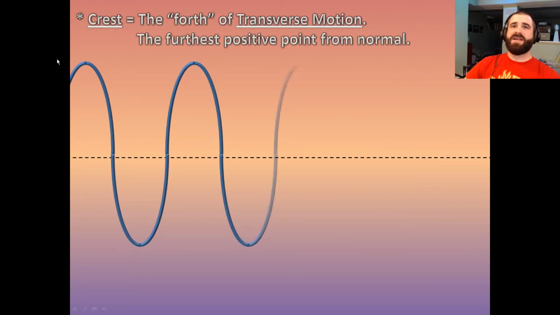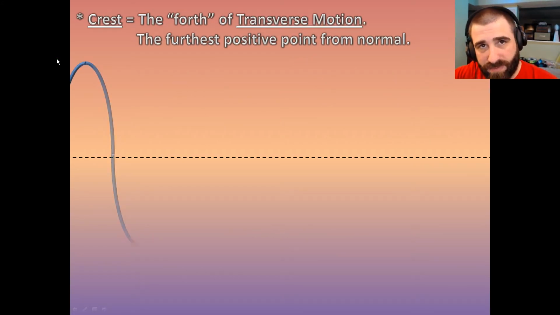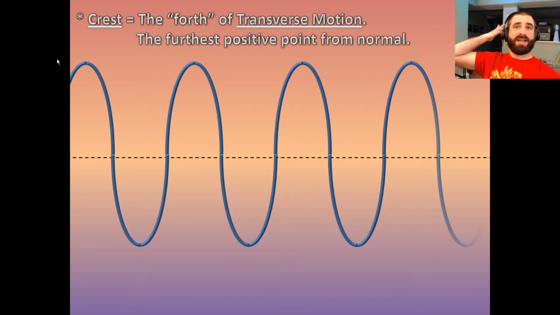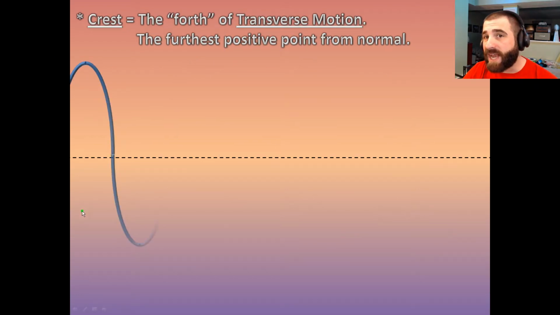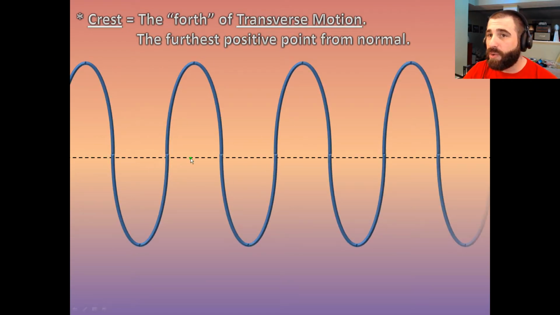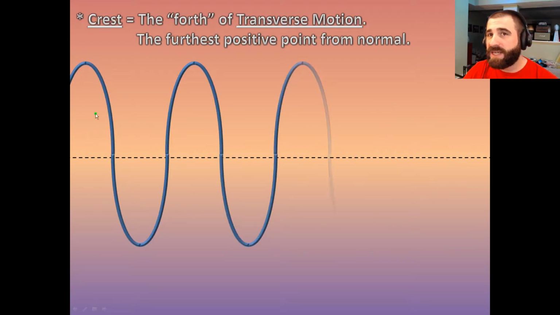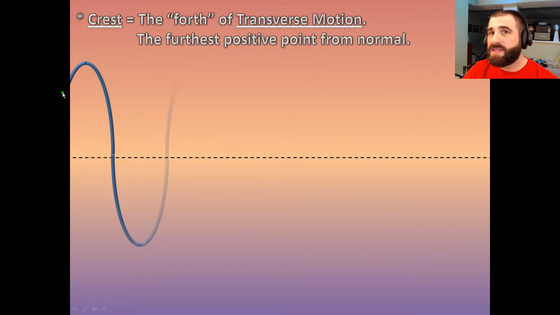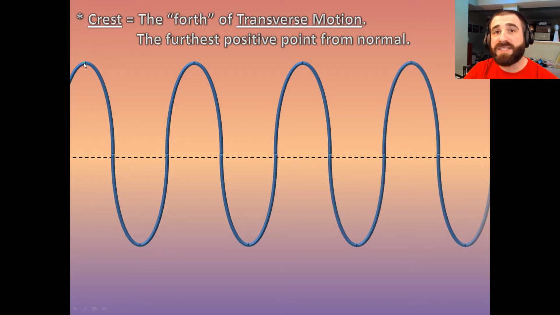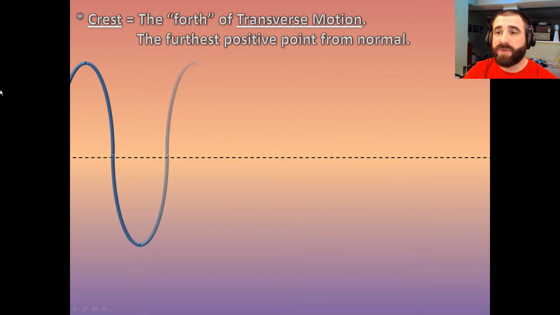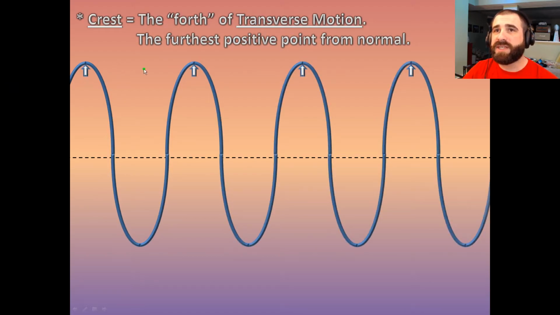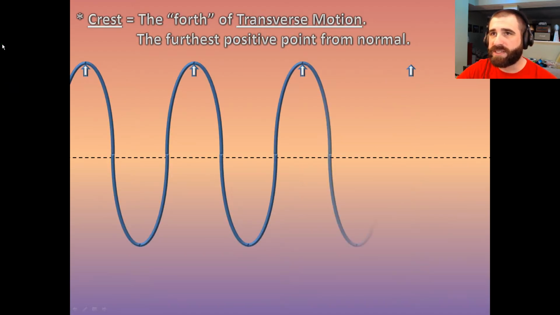We talk about back and forth, fourth being like positive, back being like negative. So these are all the tops of the wave. You can almost think of this as an XY axis, where the normal represents the x-axis, and this is the y-axis. So the highest positive point of a wave traveling transversely, we would call the crests. Each one of these little things up here is a crest.